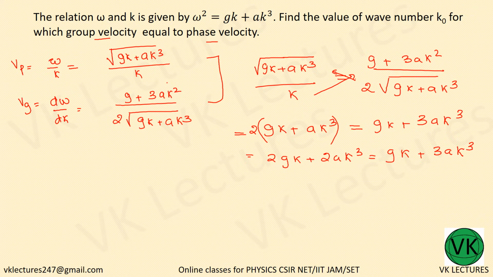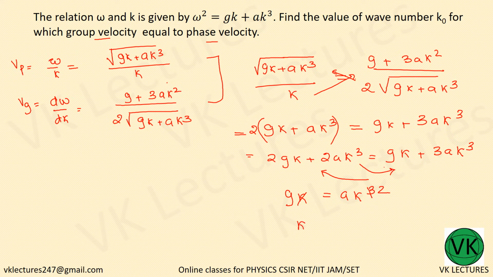Now 2gk bring this here, so it becomes gk, and bring that to the other side, that is ak cube. Now k and k square you can remove, so this is k square.